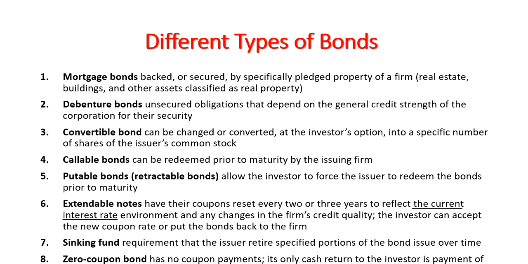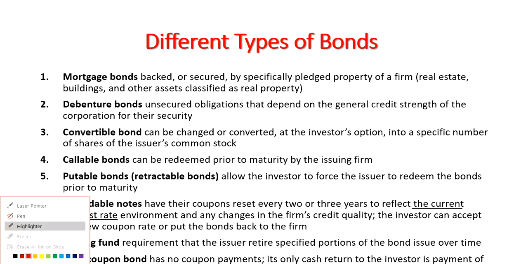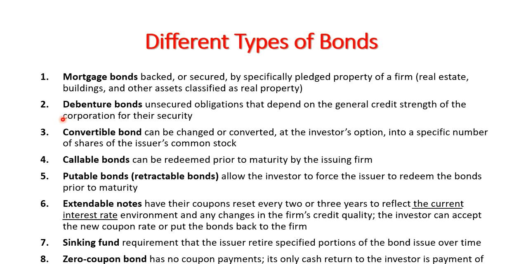So what about debenture bonds? There is no collateral, no property. It's just an agreement between two parties. So can I, for example, go to the market and issue such a debenture bond? No, because your reputation in the market is very important.